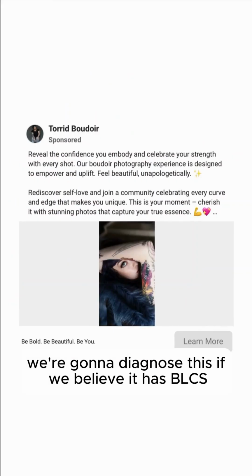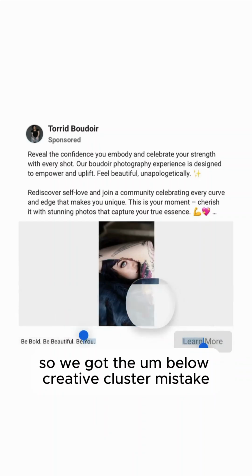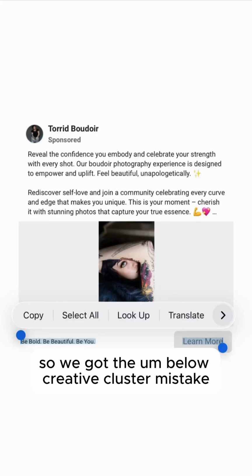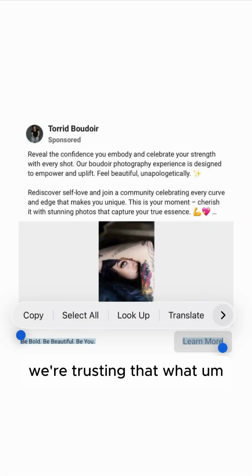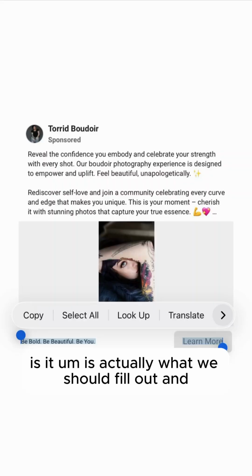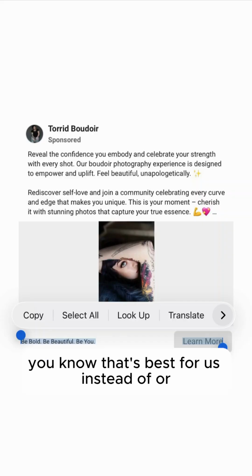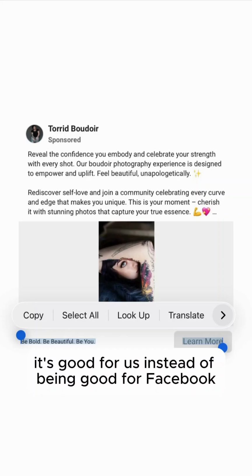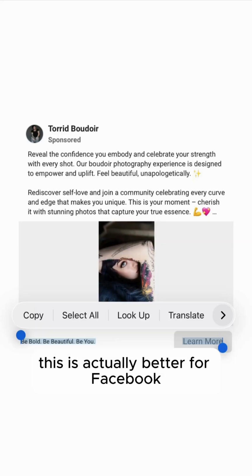All right, now we're going to diagnose this if we believe it has BLCS, aka Boudoir low click syndrome. So we've got the below creative cluster mistake. The false belief that caused us to make this mistake is we're trusting that what Facebook is telling us to fill out is actually what we should fill out, that it's best for us, or good for us, instead of being good for Facebook. What actually happens is this is better for Facebook, so it's worse for us.